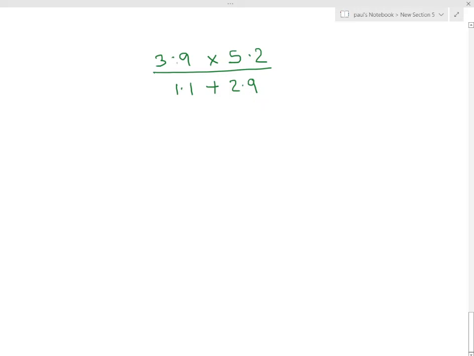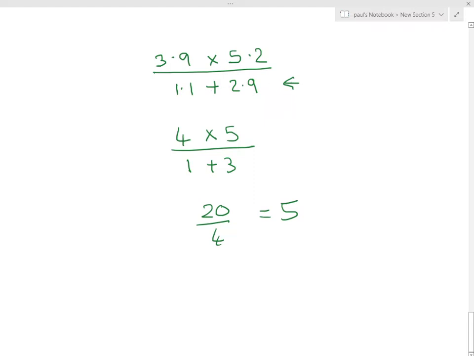Right, so 3.9, I'm going to make that 4, and I'm going to make that one 5, call that 1, and call that 3. So I get 4 fives are 20 divided by 4, which equals 5. So you can see how you estimate. Bit awkward that first one where it didn't come out as an exact whole number, but it's okay. Estimate. So best to look at the bottom figure first and see what that comes out as.